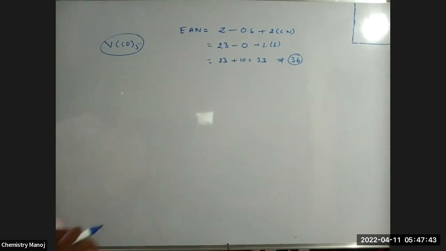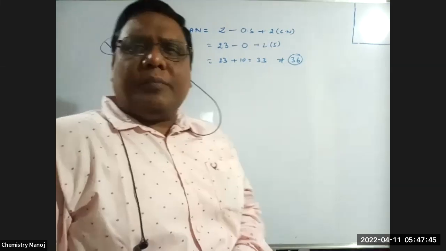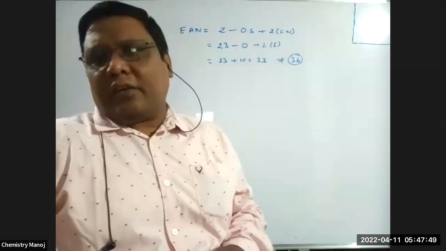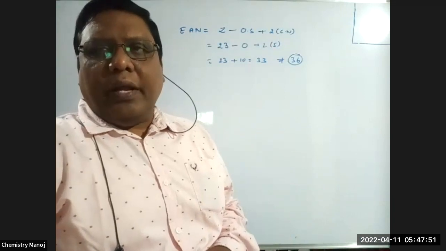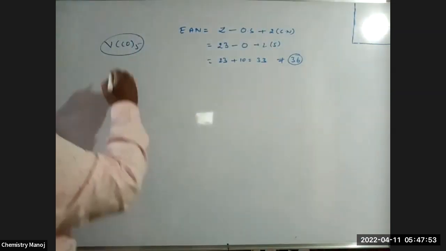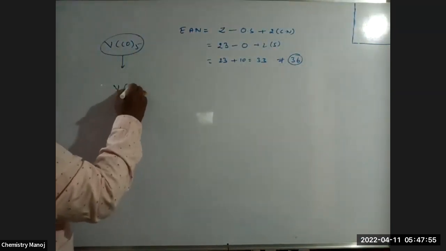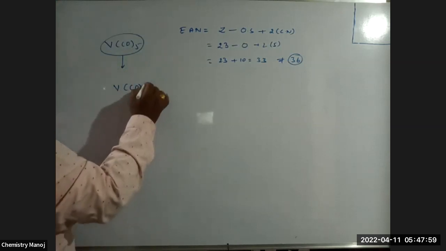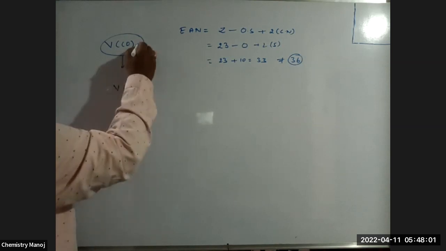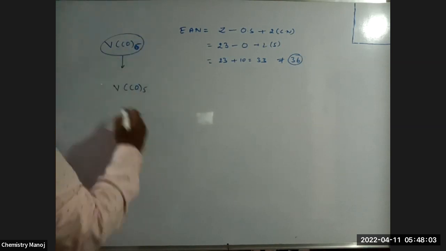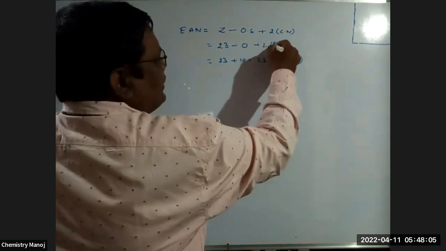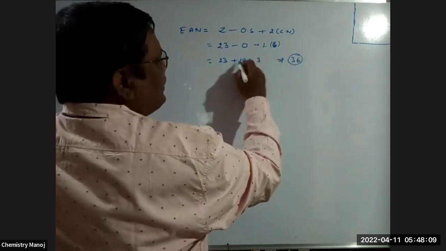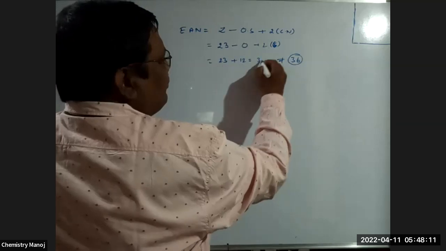But every carbonyl complex must follow EAN. For that purpose, it may lose electrons or gain electrons from others. Here this complex converts into V(CO)6, it is better to take 6. Six times 2 is 12, and 12 means 35.